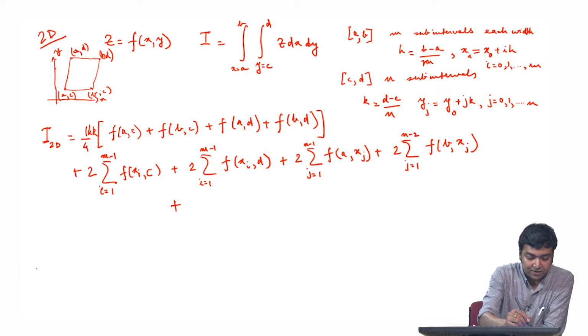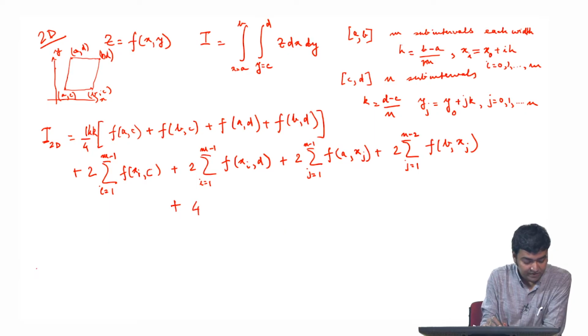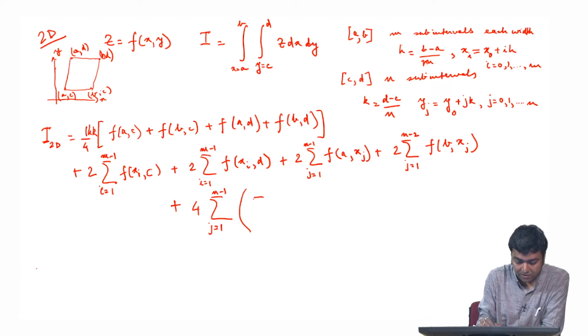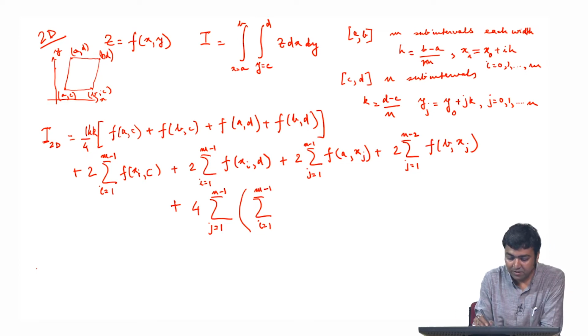Then we also need to evaluate the value of the function at the points which lie within this trapezium. For that we will get a double sum, j equals 1 to n minus 1, and then sum over i equals 1 to m minus 1 of f(x_i, y_j).